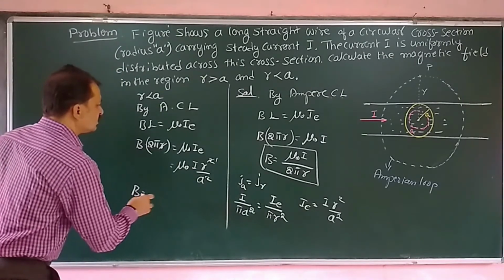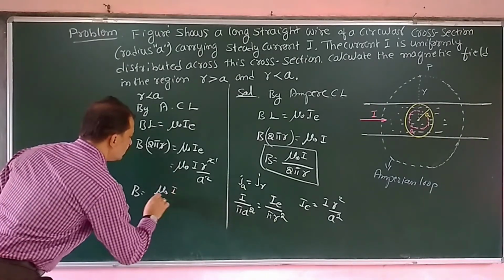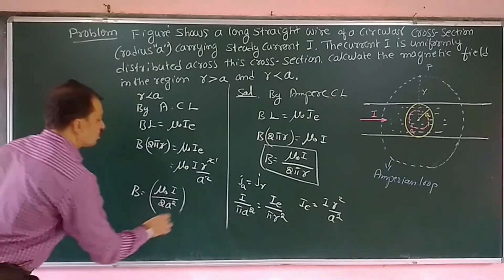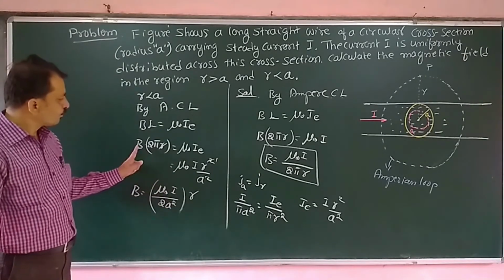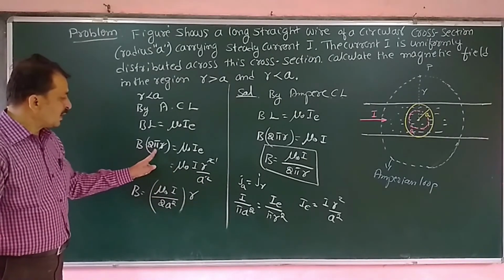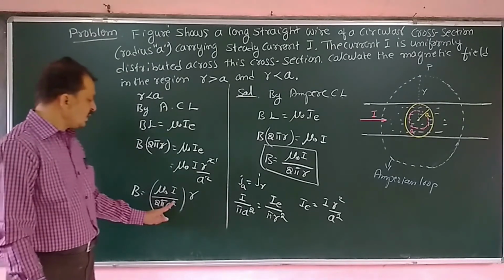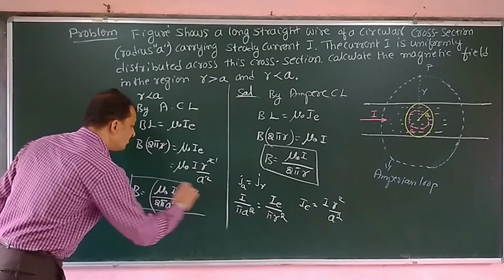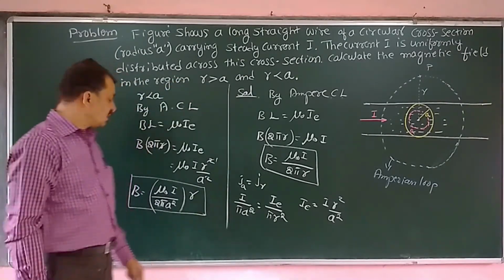Therefore, the remaining terms is mu naught I divided by 2 pi A square ಒಂದು ಕಡೆ ಬರ್ಕೊಳ್ತೀನಿ into r. ಮ್ಯೂ ನಾಟ್ I, r ಇದ್ದಾನೆ, r ಇಲ್ಲಿ ಬರ್ದಿದ್ದಾನೆ, 2 pi ಇದ್ದಾನೆ, 2 pi A square into r ಬರ್ತಾನೆ. So this is the expression for magnetic field if the point is inside that conductor.